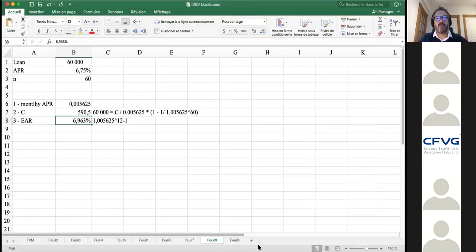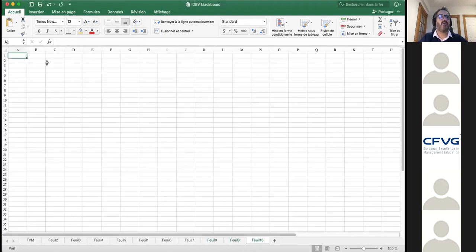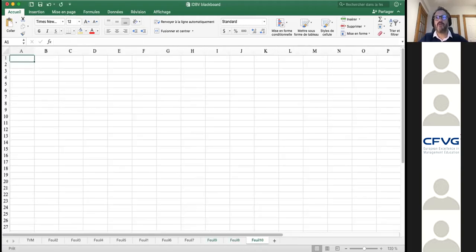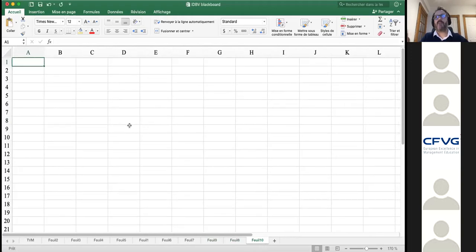Okay, so I'm gonna create a new sheet. My whiteboard is actually Excel now. So the loan has a 4.8% APR with monthly payments of 2,623.33.